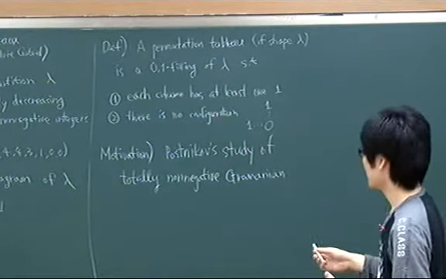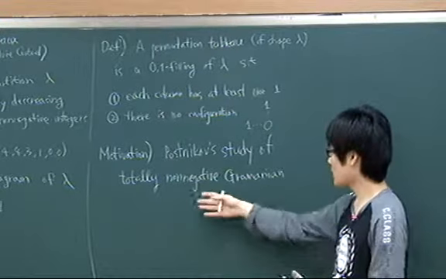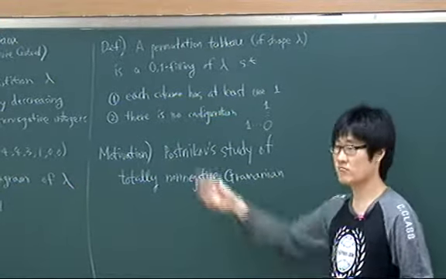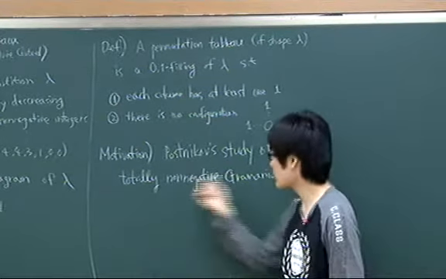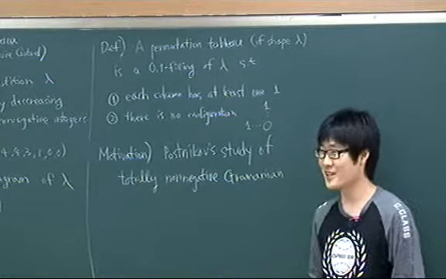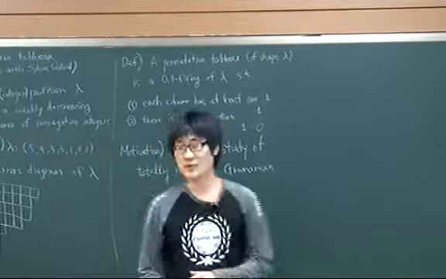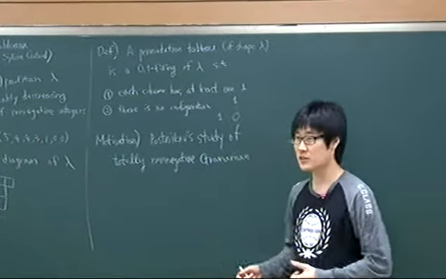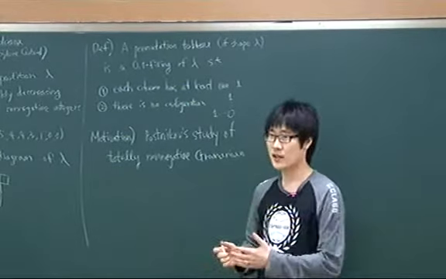He found a correspondence between totally non-negative Grassmannian cells and this kind of object. I think it sounds pretty fancy, meaning I don't really understand this. Anyway, we had a very good motivation, and it's purely combinatorial, and we want to study that combinatorial object.